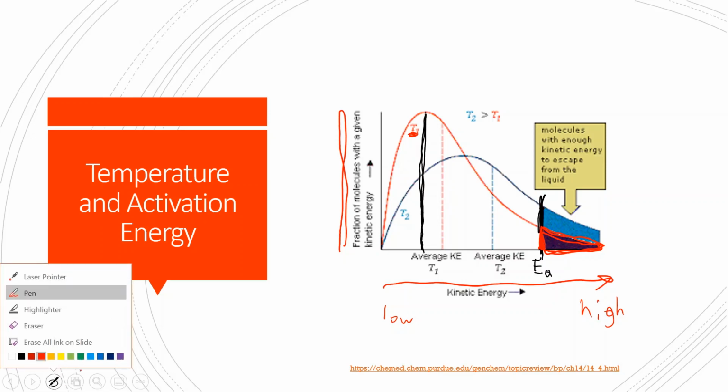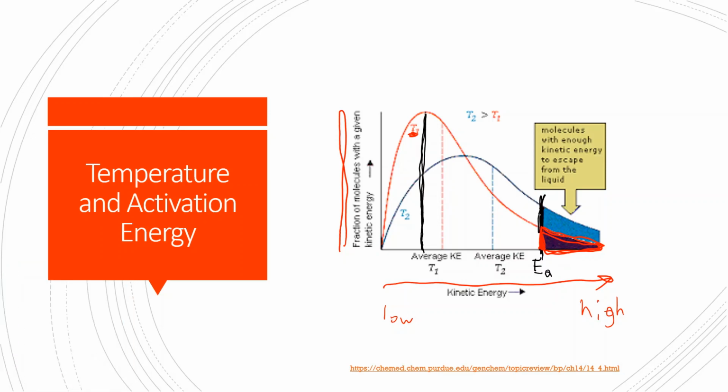Whereas with T2, it's going to be this area. Which area is larger? The area under T2 is in fact larger, which means what about the temperature T2 as compared to T1? T2 is a higher temperature than T1.